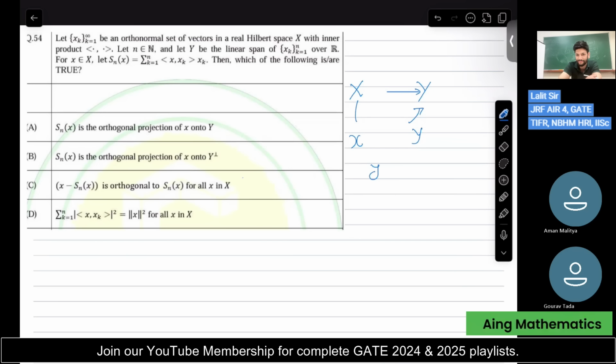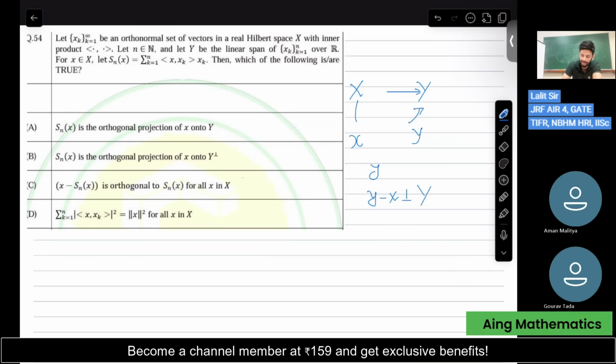The vector x minus y is perpendicular to each element of Y. This is the characterization of the orthogonal projection, the way we know whether something is an orthogonal projection or not. So we will use it here.